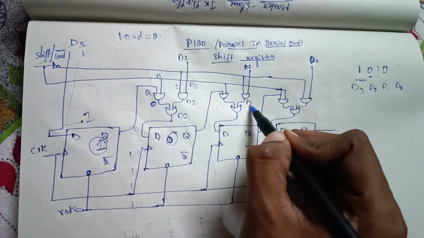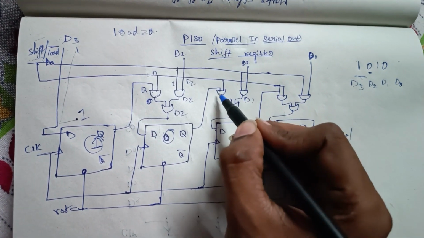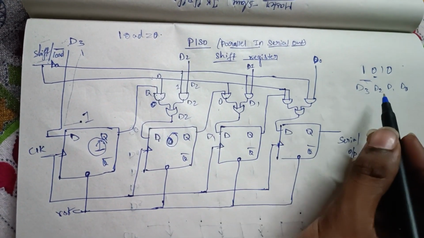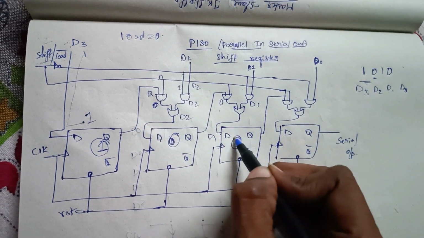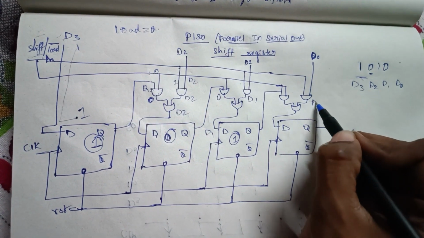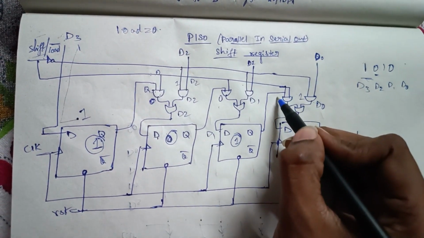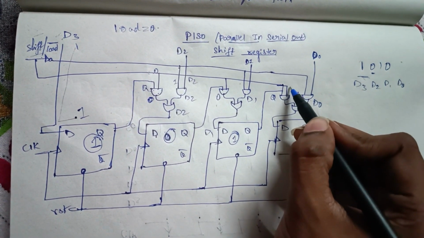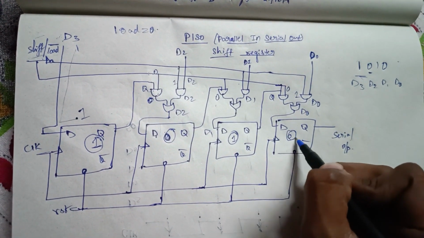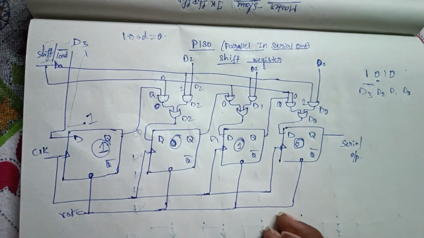In the similar way, D1 is given, and the D1 bit is 1. Finally D0, and the D0 bit is 0. In this way the input will be taken.